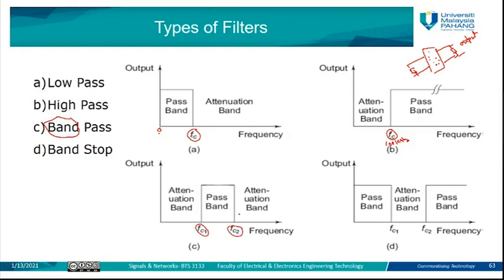So this filter will only allow certain bands of frequencies to pass through the circuit. For example, if I have signals from 0 to 1 megahertz, this is all the range of frequency that I have, and I want only the frequencies between 400 kilohertz and 600 kilohertz to pass through.